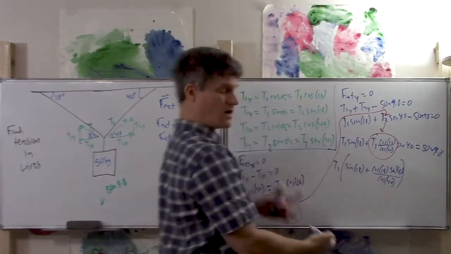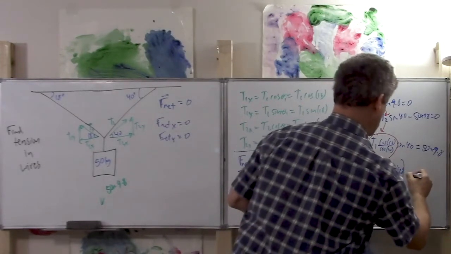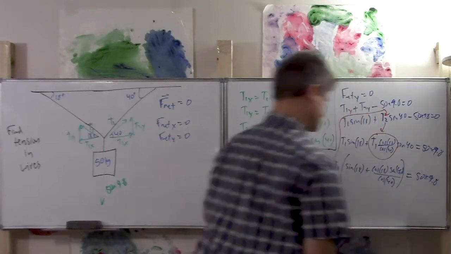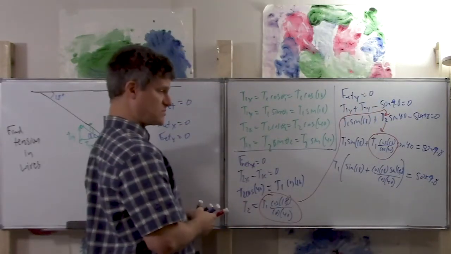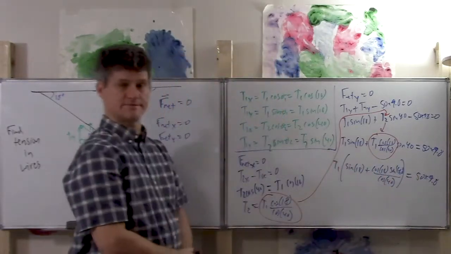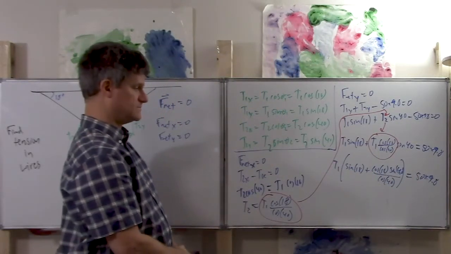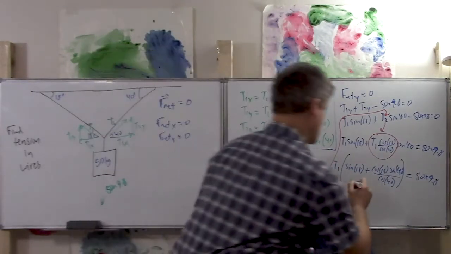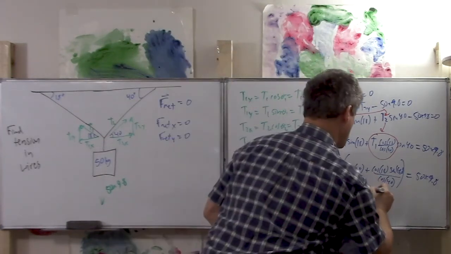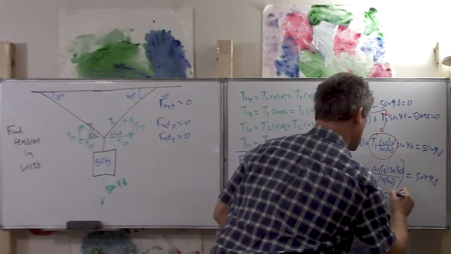Or if you prefer to do all the calculations at the end, that's fine too. Equals 50 times 9.8. The way to solve this would be, basically it's 50 times 9.8 divided by all this. That would be T1. So, what do we get? T1 equals 442.6 newtons.